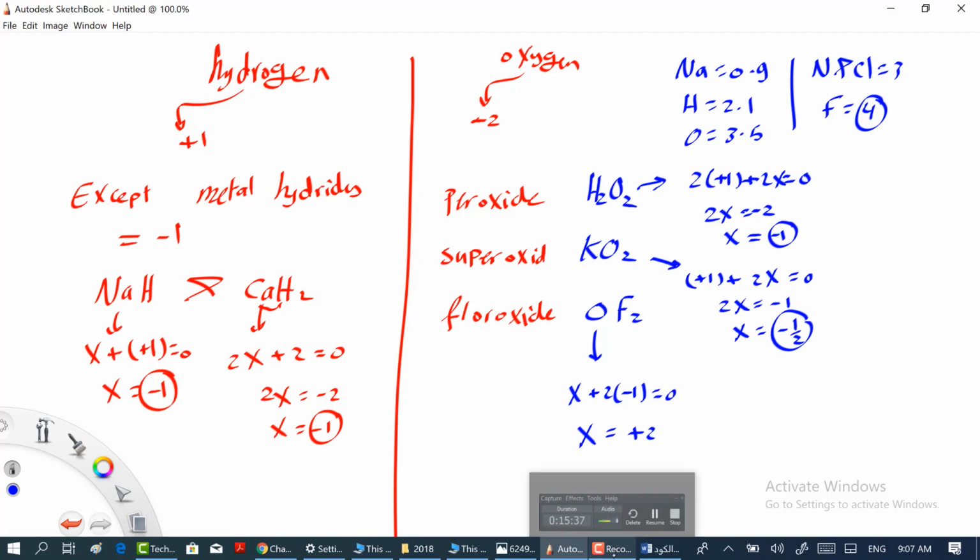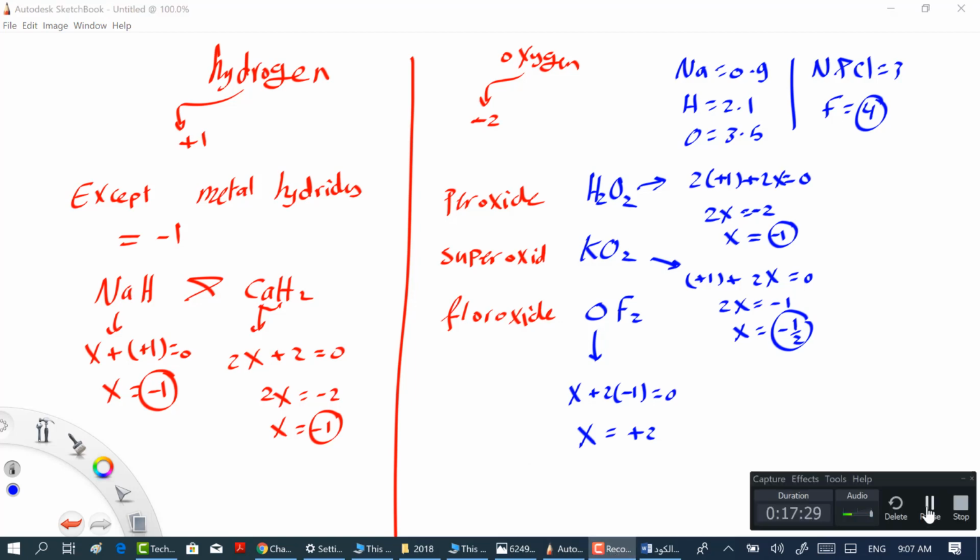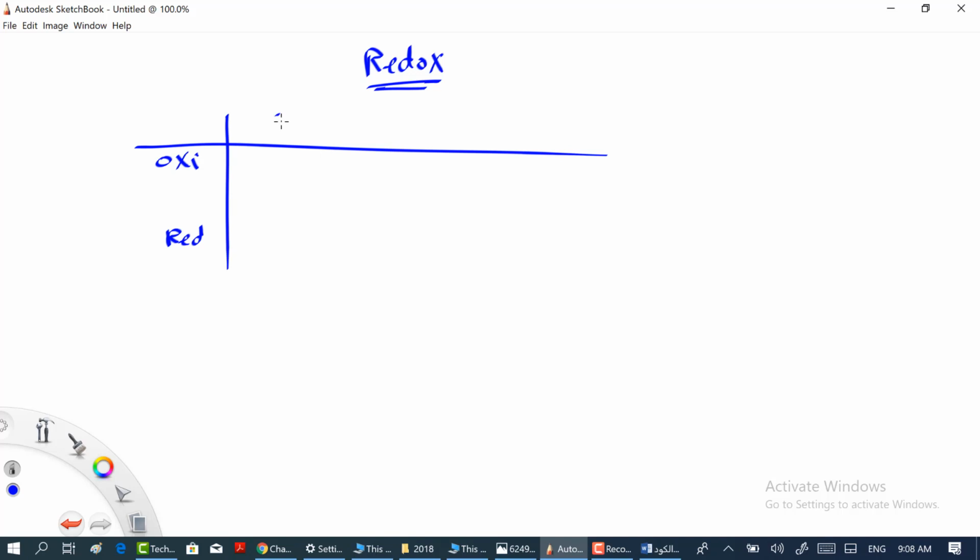If we return back to the concept, it's called oxidation reduction, redox. If we make a summary for oxidation reduction, we're going to talk about it according to oxygen, hydrogen, electron, and positive charge.